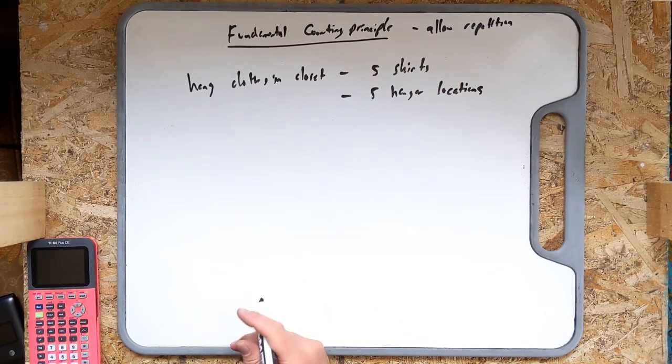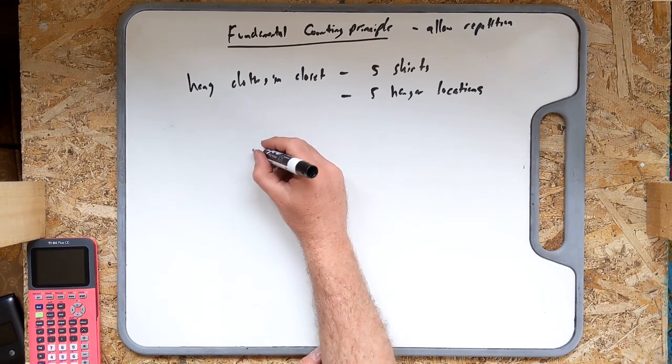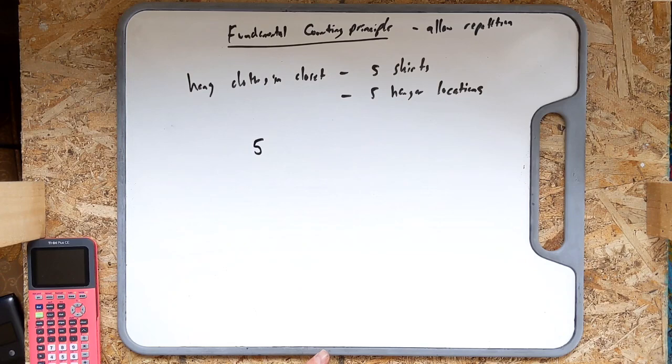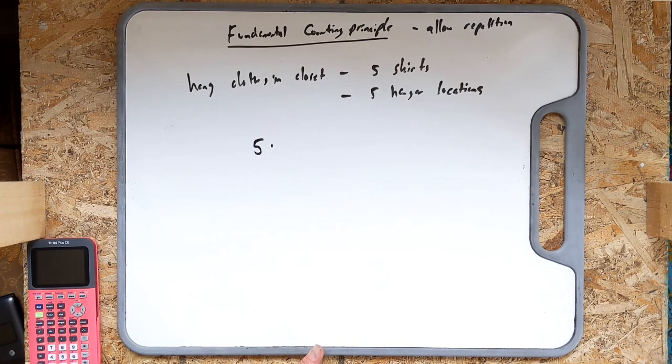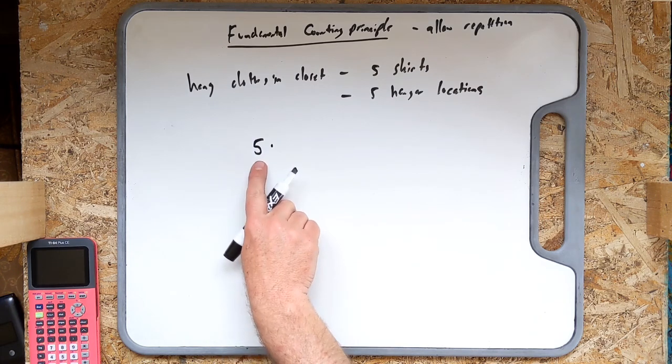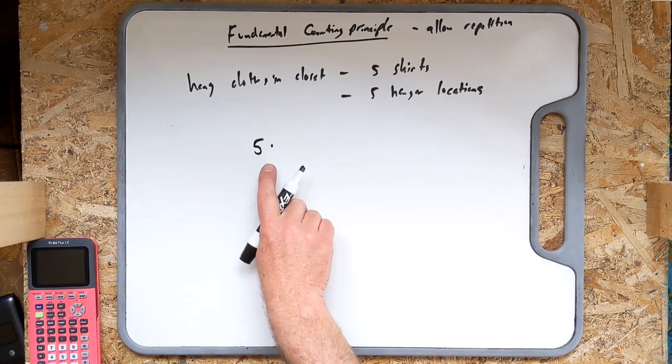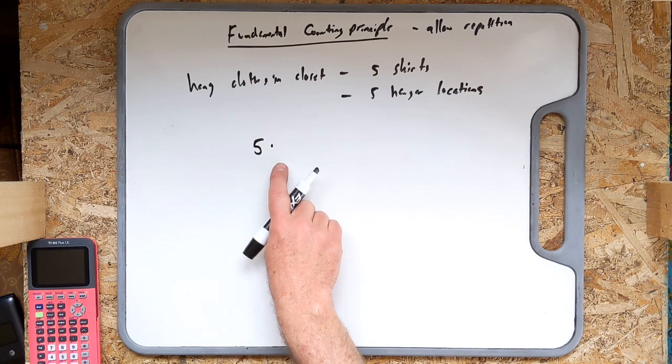Let's say you hang the first shirt up. There's 5 different places you can put it. So this gives me 5 total outcomes for just the first shirt. Second shirt, however, I can't hang in 5 different places because one of them I already used. So actually, I've only got 4 shirts and 4 locations now.